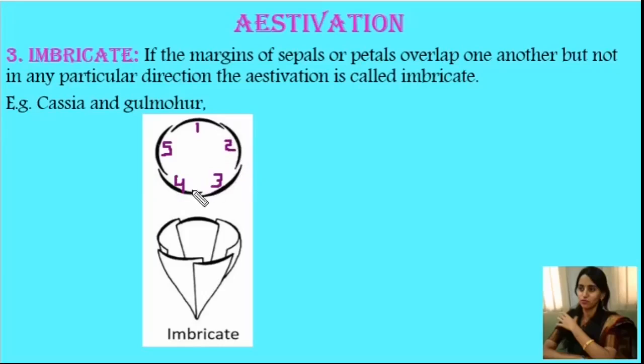Here also one margin is overlapped by the third petal and this margin overlaps the next one. Similarly the fifth petal. So here the margins of the sepals or petals overlap one another but not in any particular direction. This type of estivation is known as imbricate estivation.